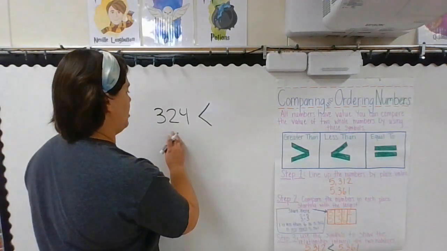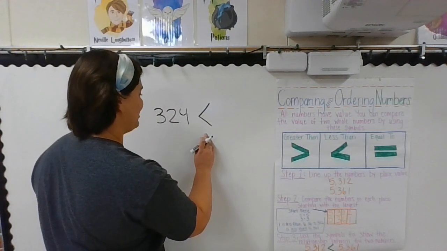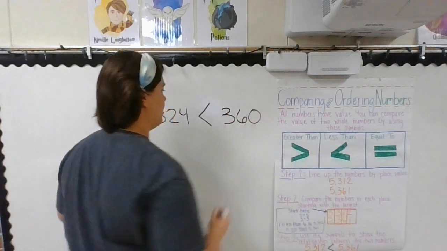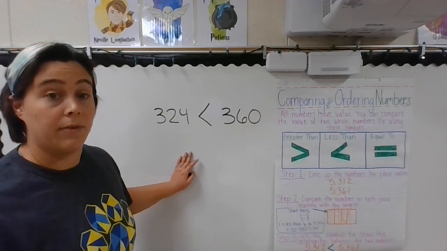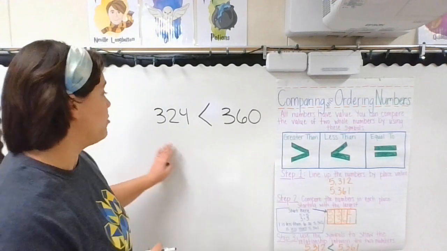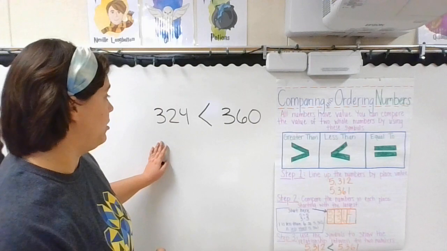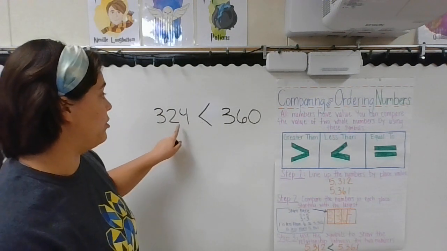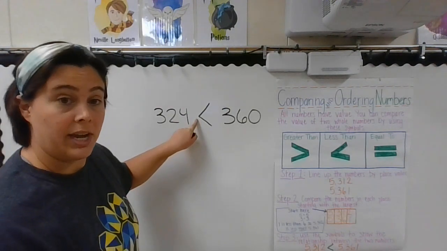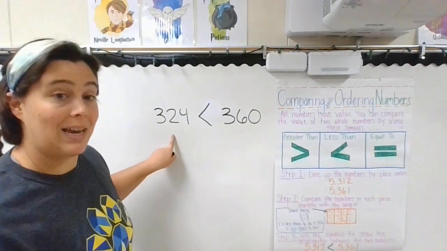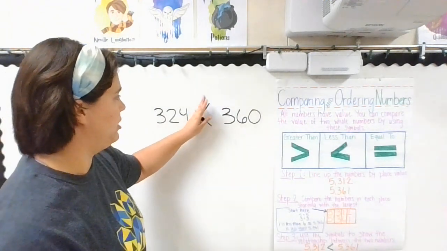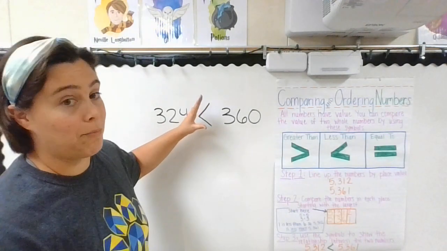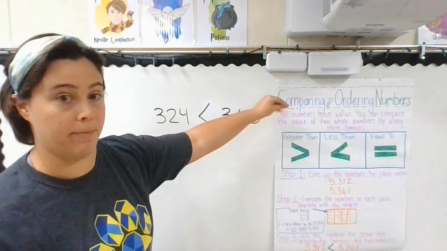I'm going to say, so 324 is less than 360, which makes this statement very true. So, it's really important to always remember to recognize the symbol you are using and making sure if your number is less, you have the pointed end going towards it. If you have a bigger number, the open end is towards the bigger number, like a crocodile wanting to have a lot more numbers for lunch. Num, num, num.